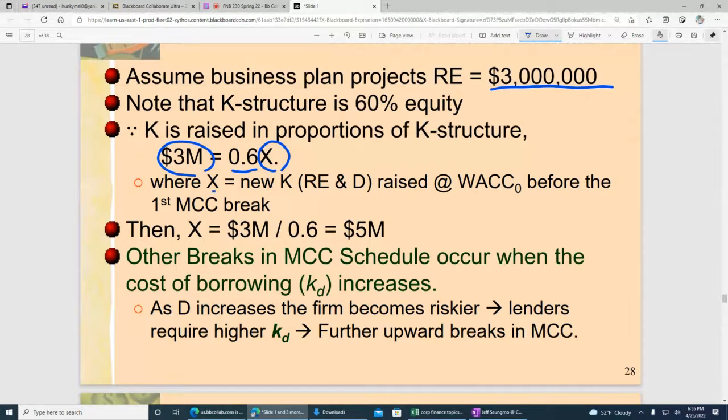where X is new capital raised at 9.2%, was it 9.2% weighted average cost of capital?